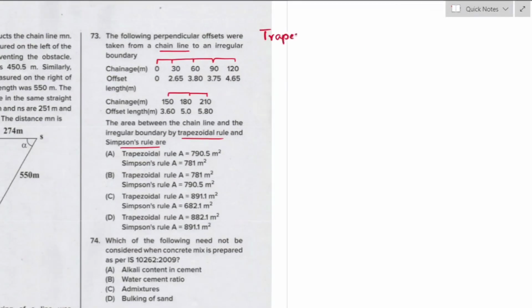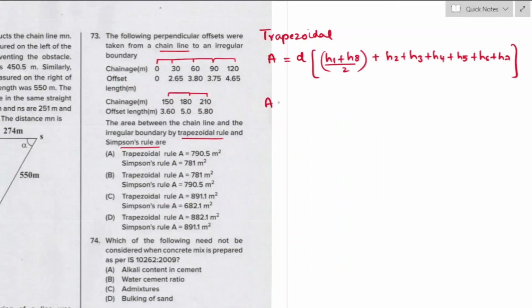From the trapezoidal formula, the area is calculated by, where D is the chainage interval of 30 meter, H1 is the first offset, so it is 0, and the last offset is 5.8 meter, divided by 2.